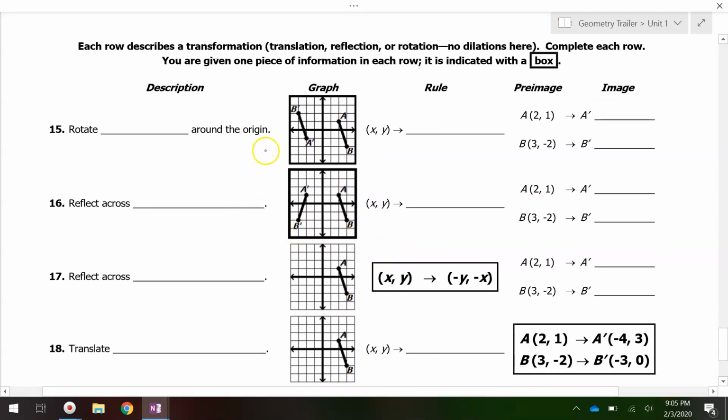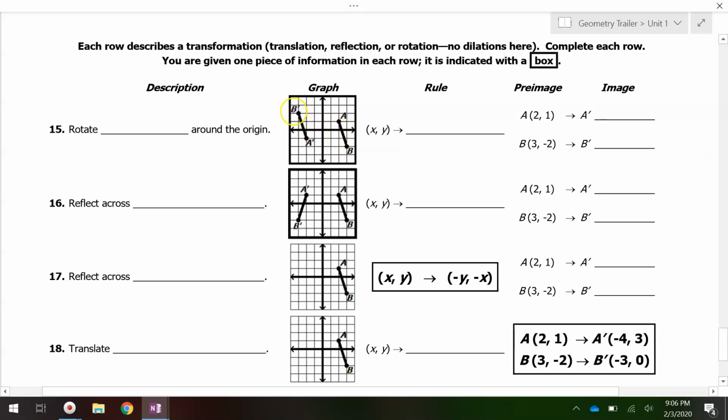Okay, so for number 15, we are given the graph. So let's see what is going on here. This is going to be a rotation. You can tell it's not a translation. It's not a slide, because do you see how the letters don't quite line up?